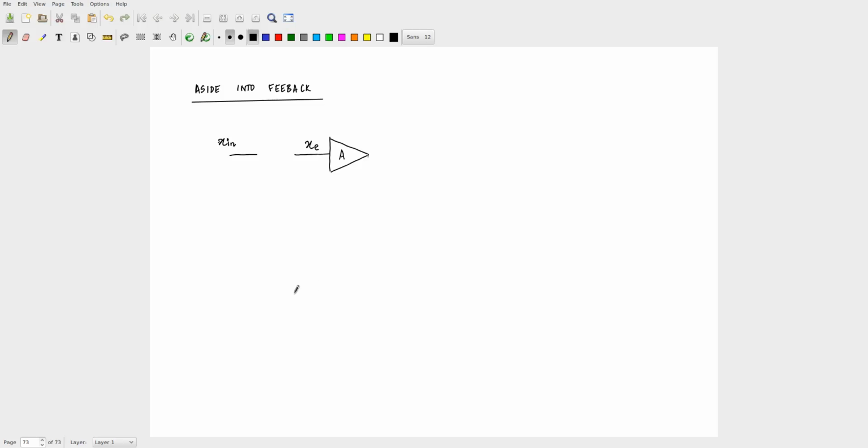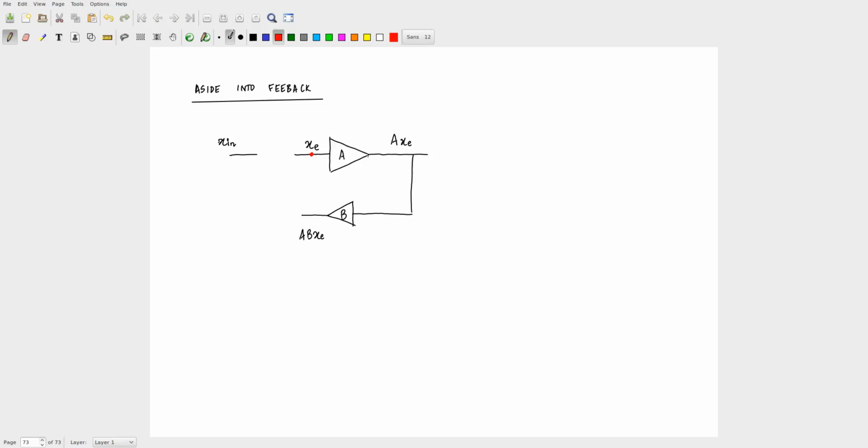Okay. If there is some XE going into the block A, what is my output? A times XE. I take that A times XE, take it to a feedback block B, correct? What is the value here? AB XE, right? So if I have XE there, then A XE is here, and then AB XE is there.